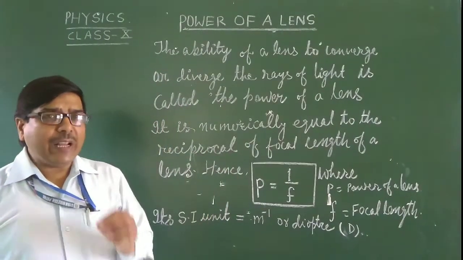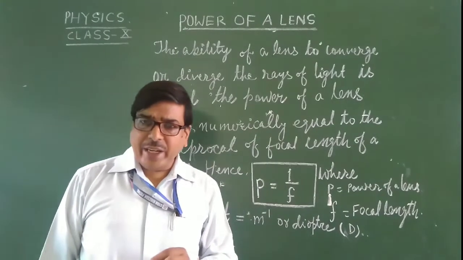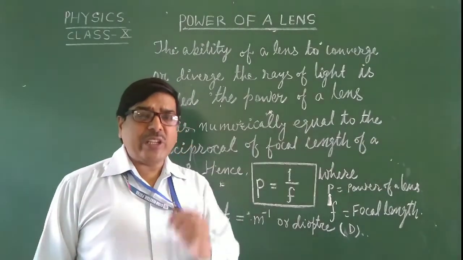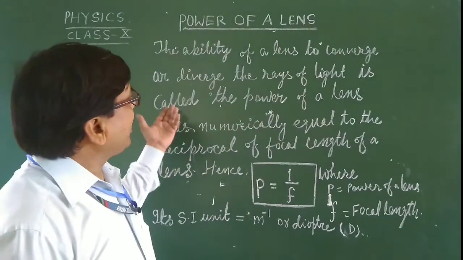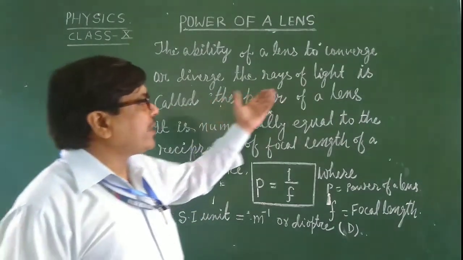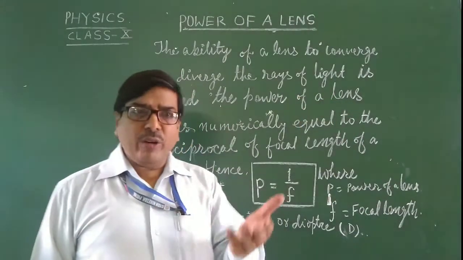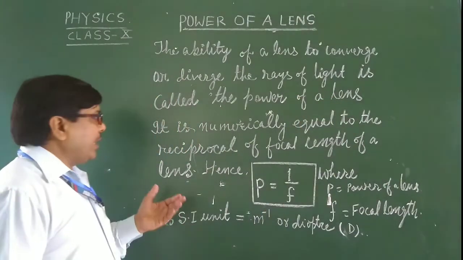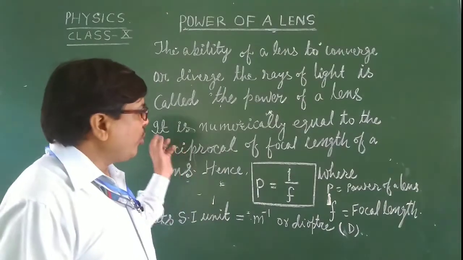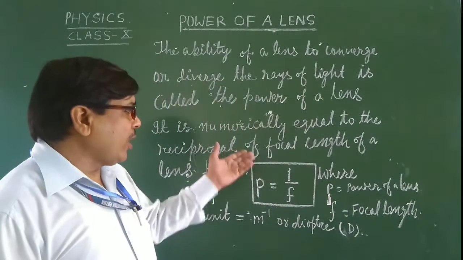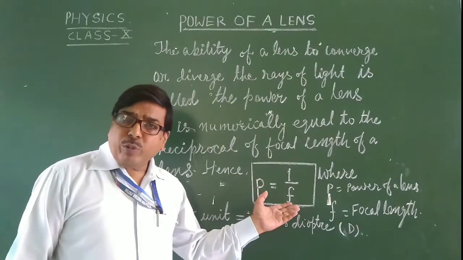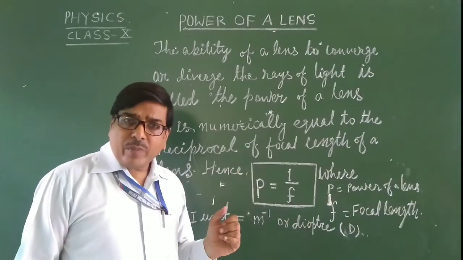So power of lens is defined as the capacity, the ability to converge or diverge the light rays falling on it. It is numerically equal to the reciprocal of the focal length of a lens.